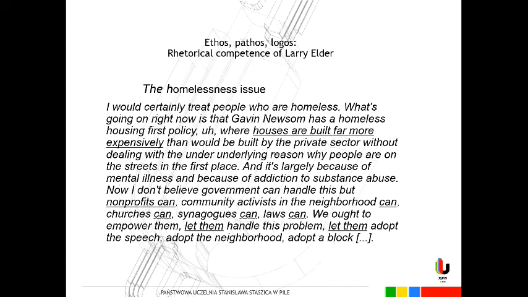Another interesting issue used in the campaign was the issue of homeless people. And that was strictly referring to Gavin Newsom's idea of building houses, providing housing for the unemployed and homeless people.